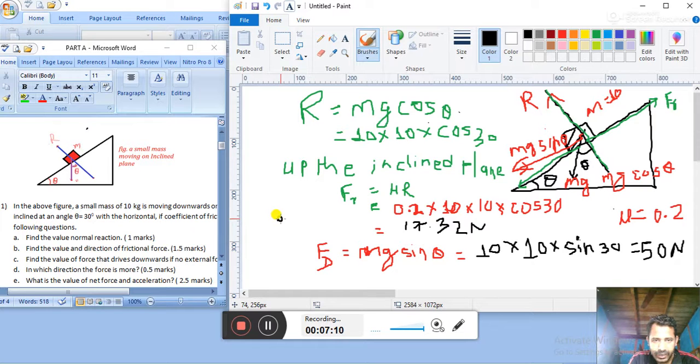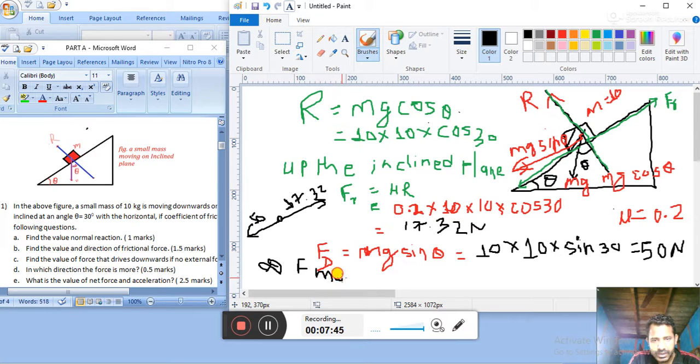Here is a mass, and here is Fr, and here is the downward force, and this value is 50 Newton, while this value is 17.32. In the downward direction the force is more.